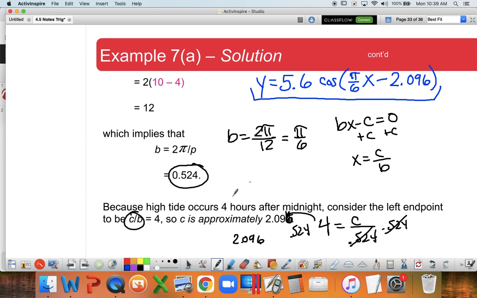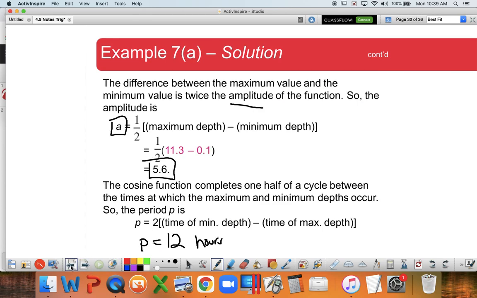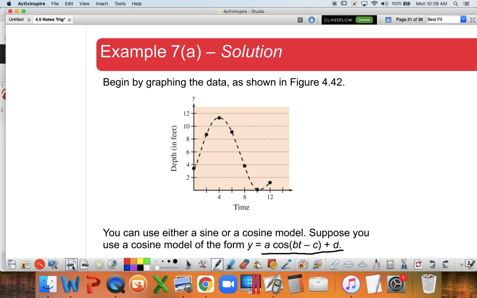Now the last thing we have to think about is, did we go up or down? Let's look at our curve. We did, right? So I'm thinking, if here's my maximum, here's my minimum, how do we figure out how much we have shifted by?